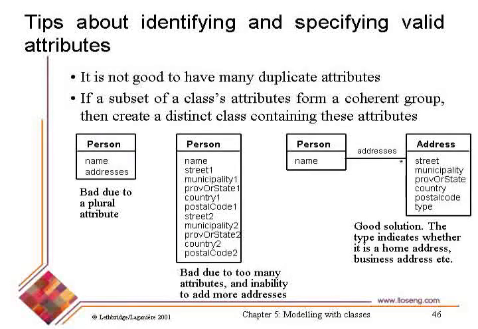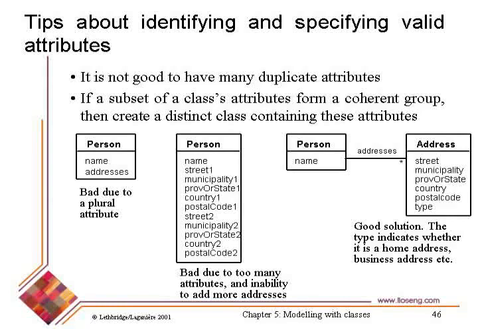That's not right. If you need to store more than one address, it's got to be a separate class, as shown on the far right. So person has several, multiple, there's the asterisk, addresses. And then each address has a street, municipality, province or state, country, etc. If there was just one address, it would be okay to put it as a single string. But if there's more than one, you've got to have a separate class.